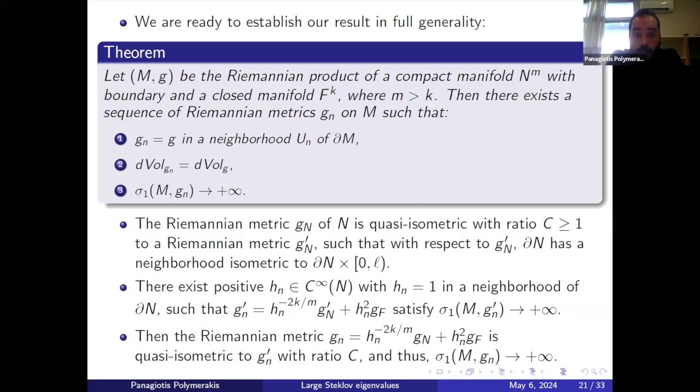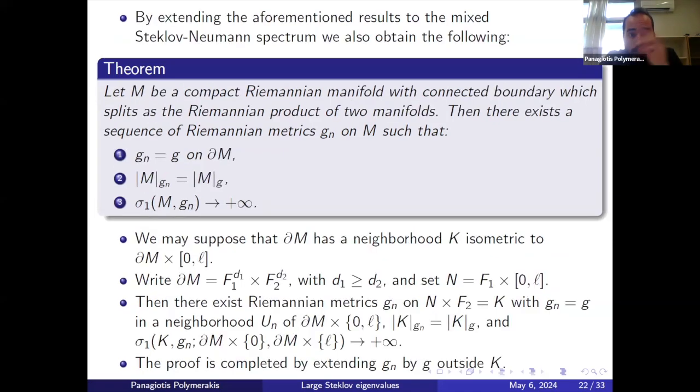And we actually have a variant of this result, which follows by extending everything we just mentioned to the setting of mixed Steklov-Neumann eigenvalues. And the variant is the following. Suppose that we have a compact Riemannian manifold with connected boundary, which splits as the Riemannian product of two manifolds.